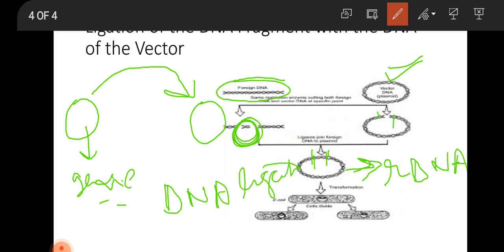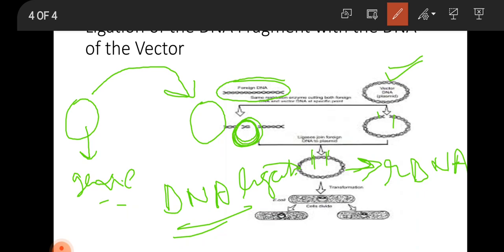This is an enzyme, DNA ligase, and after that the recombinant DNA is transformed into the bacterial cell or E. coli, and after that it will make some copies, and after the cloning we introduce it into the host organism, and now this host organism is known as the transgenic organism.